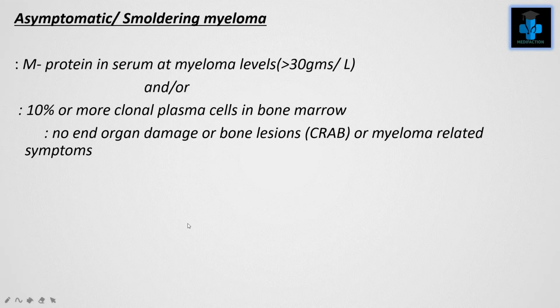To diagnose asymptomatic or smoldering myeloma, the M protein in serum at myeloma levels will be greater than 30 grams per liter or 10% or more clonal plasma cells in the bone marrow and no end organ damage or bone lesions such as CRAB condition or myeloma related symptoms.